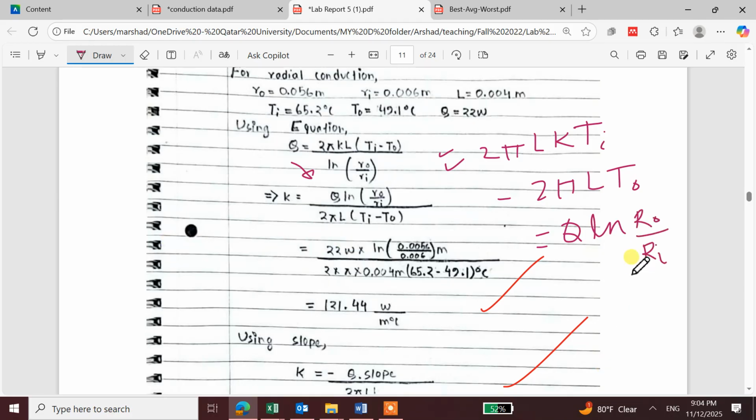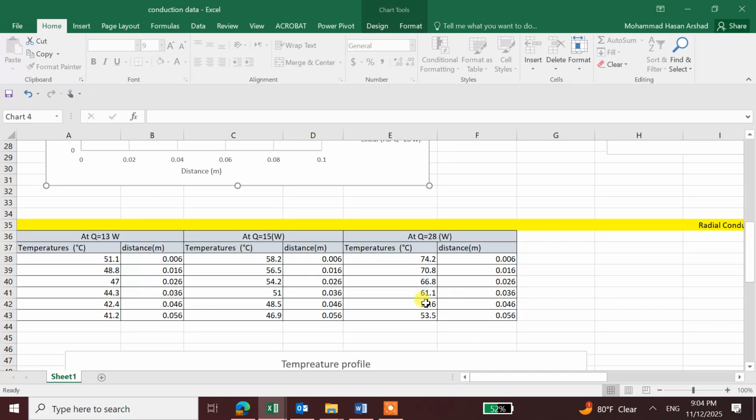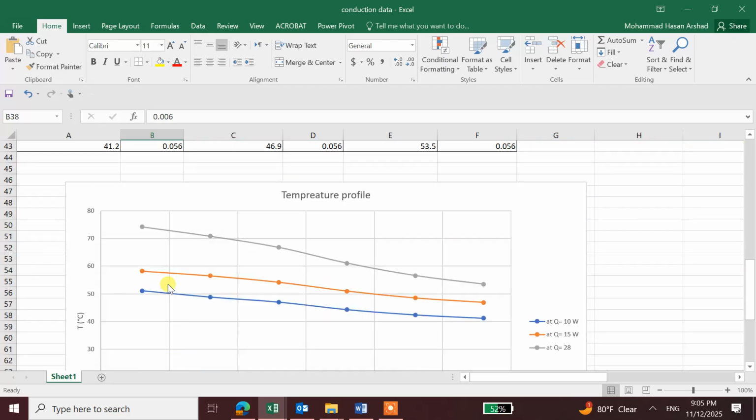So if you plot T, meaning the temperature, yes, T means the outer temperature. For example, this one. So this is the radial, right? T1 to T6. If you plot this T, and then we have this is R, and take the ln R.